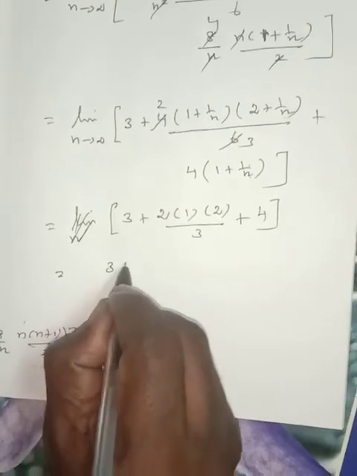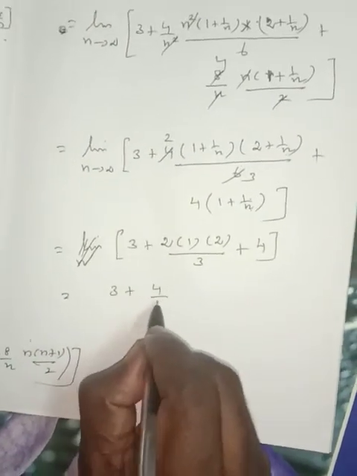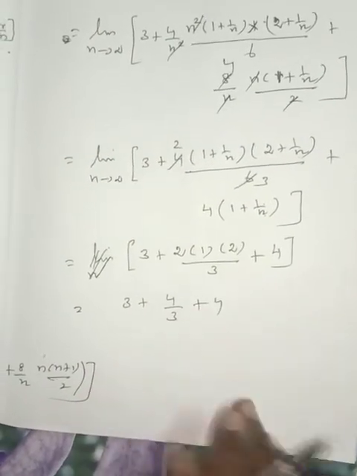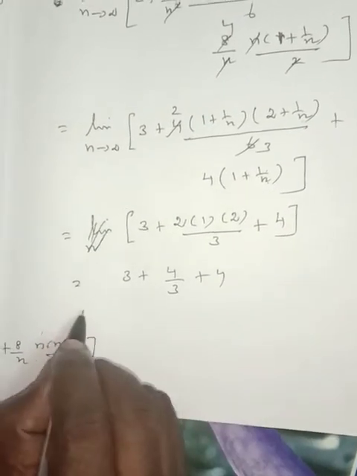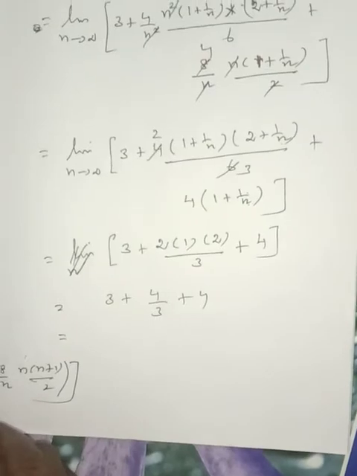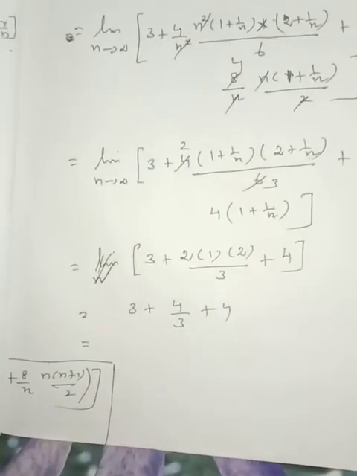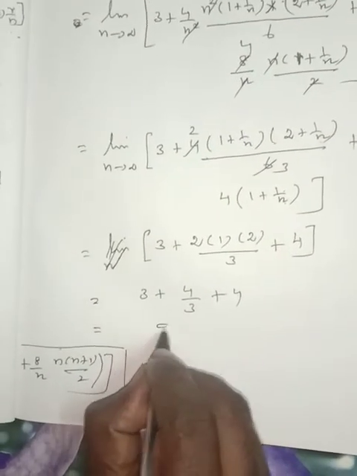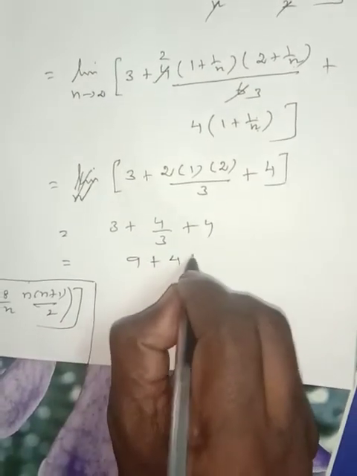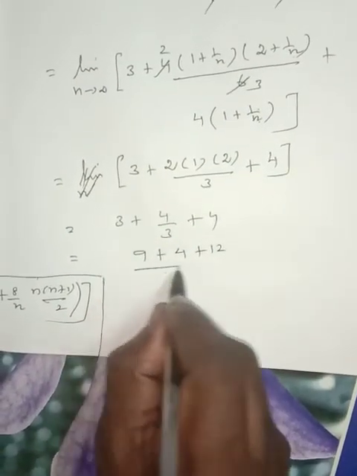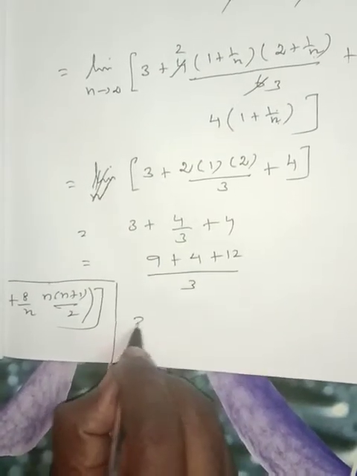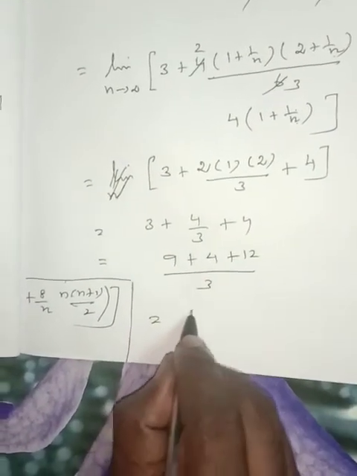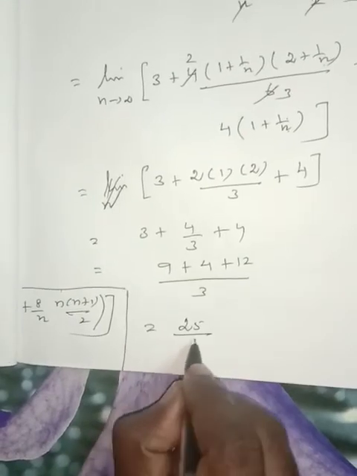3 plus 4 by 3 plus 4 is equal to, taking LCM, 9 plus 4 plus 12 divided by 3, which is 25 divided by 3.